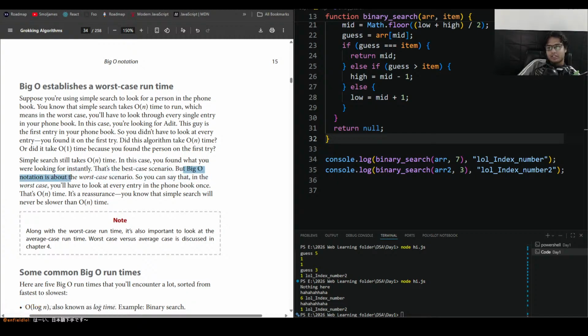Big O notation is about the worst case scenario, not the best. So you can say that in the worst case, you'll have to look at every element in the phone book once. That's O(n) time. It's a reassurance. You know that simple search will never be slower than O(n) time.